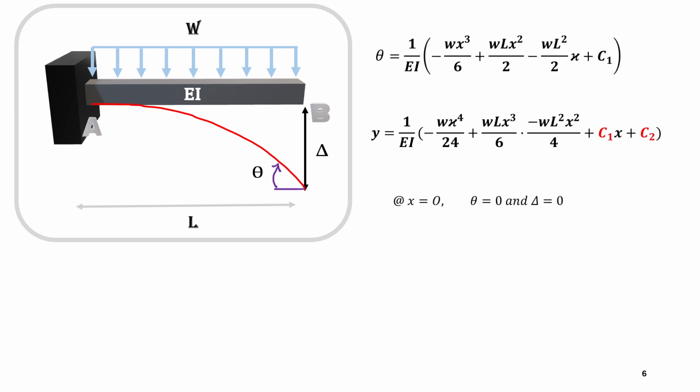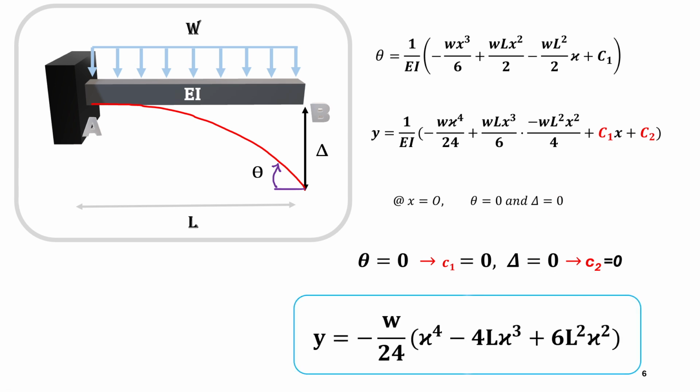By applying the boundary condition, we know that at x equal to 0, at the very beginning, there is no theta, it's fixed. There is no delta, there is no downward or upward movement because of the fixed support. So that gives us the constant C1 equal to 0 for theta, and then delta equal to 0 gives us C2 equal to 0.